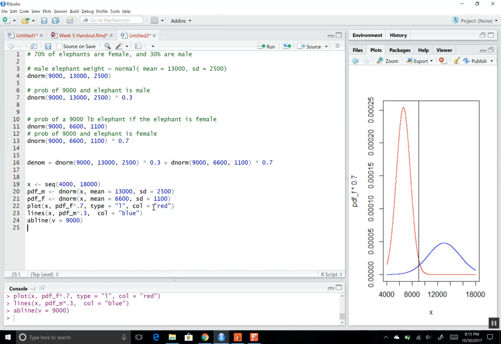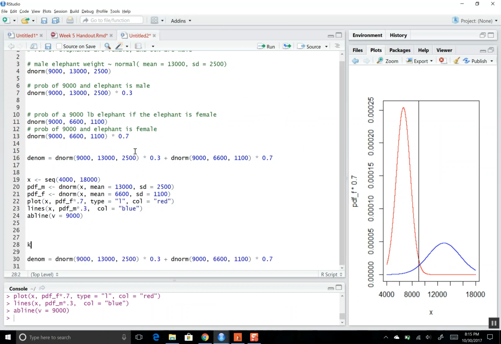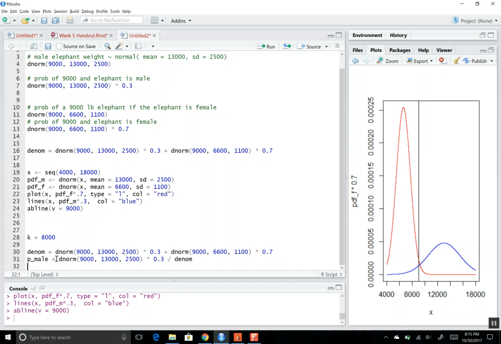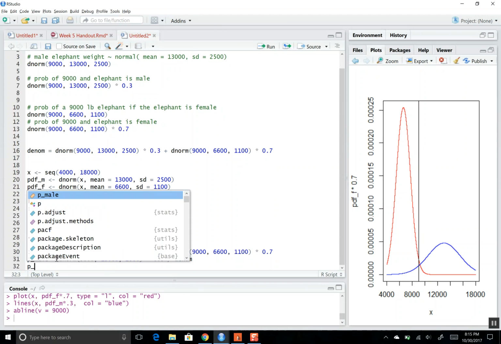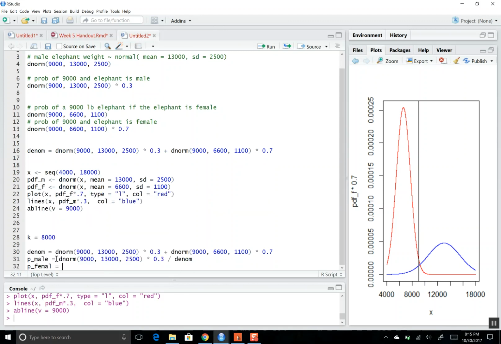And this is reflected in all of this. If we just redo all of our calculations, and I just say K is equal to 8,000, and here's my denominator, and then we'll say percent male is equal to basically this part divided by the denominator, and percent probability female is equal to this part divided by the denominator.